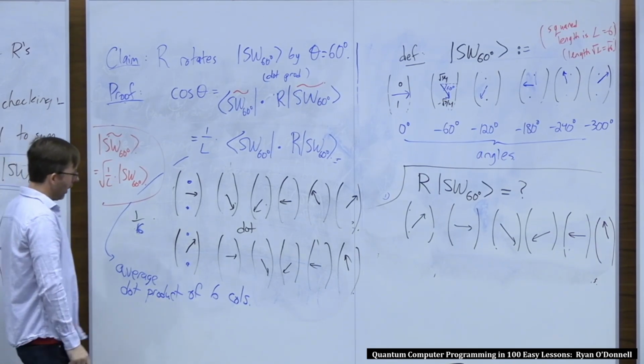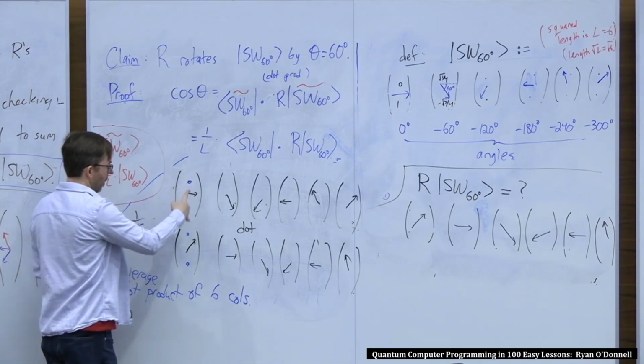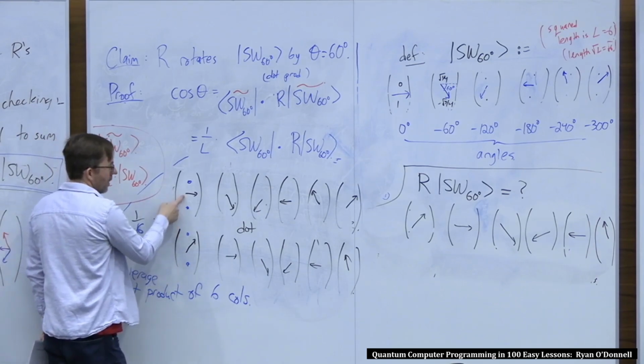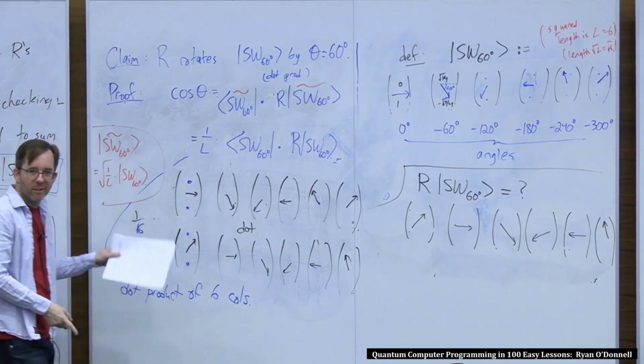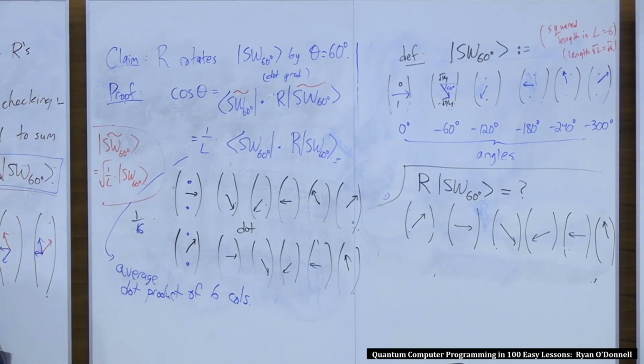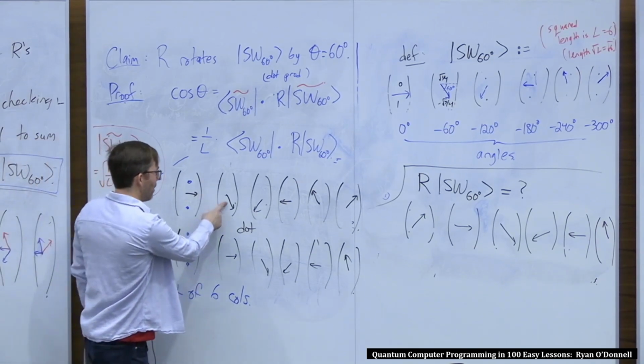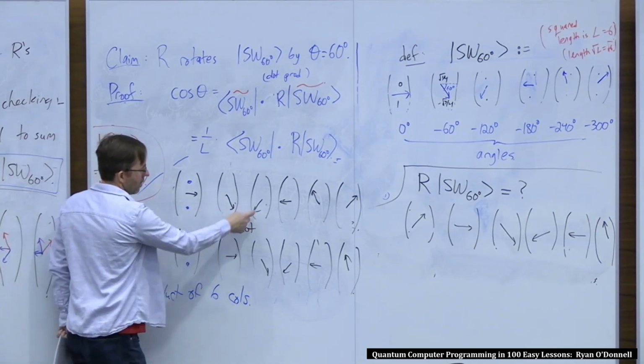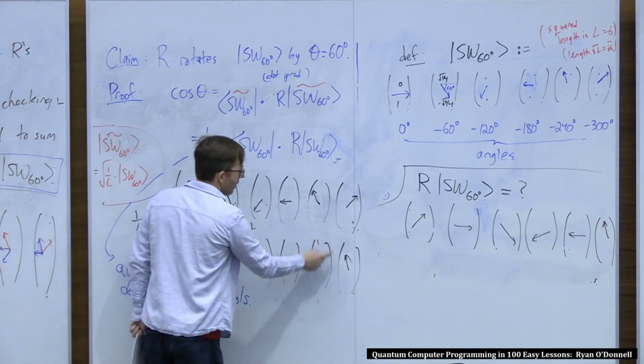Okay, so let me ask you now, what is the dot product of this 2-dimensional vector with this 2-dimensional vector? Cosine 60, that's right, because this vector and this vector make a 60-degree angle, and they're unit vectors. So their dot product is cos 60. And what's the dot product between this one and this one? I know you can do it. It's also cos 60, right? Because these two also make an angle of 60. These two make an angle of 60, 60, 60, 60.